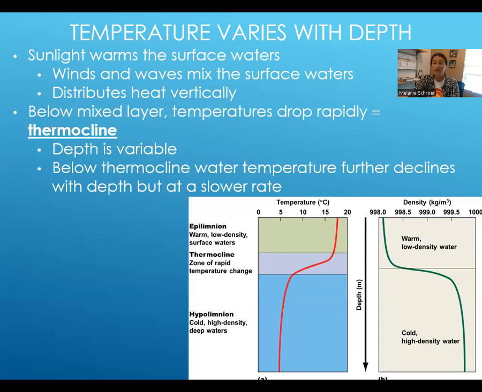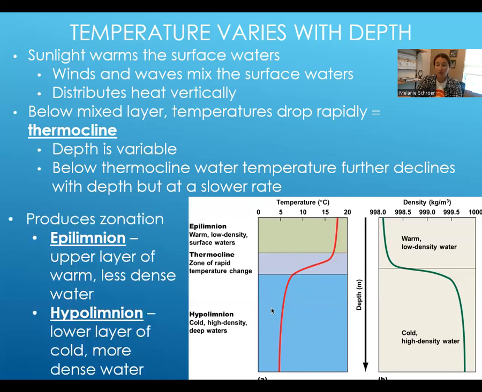Below this mixed layer, the temperatures are going to drop off rapidly. Deep to the water that is actually churned and mixed and the light can actually get to is something called a thermocline, a very steep decrease in temperature, into this zone called the hypolimnion, which is where the cold water has descended.